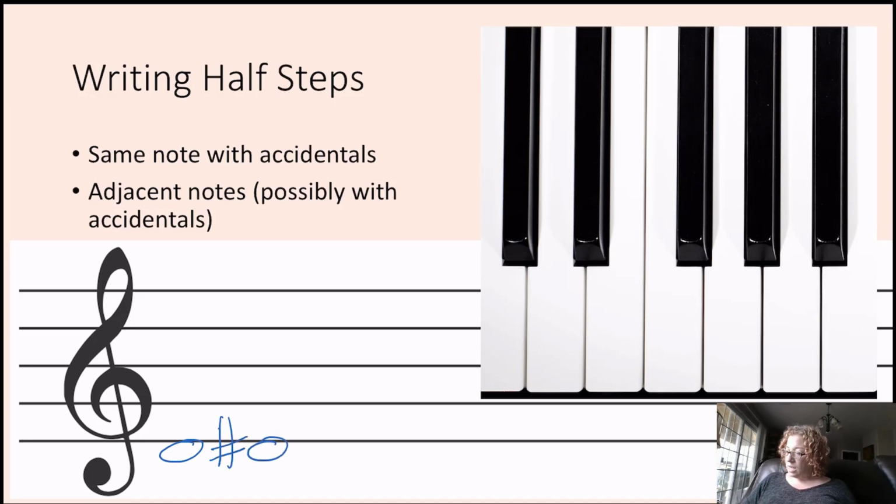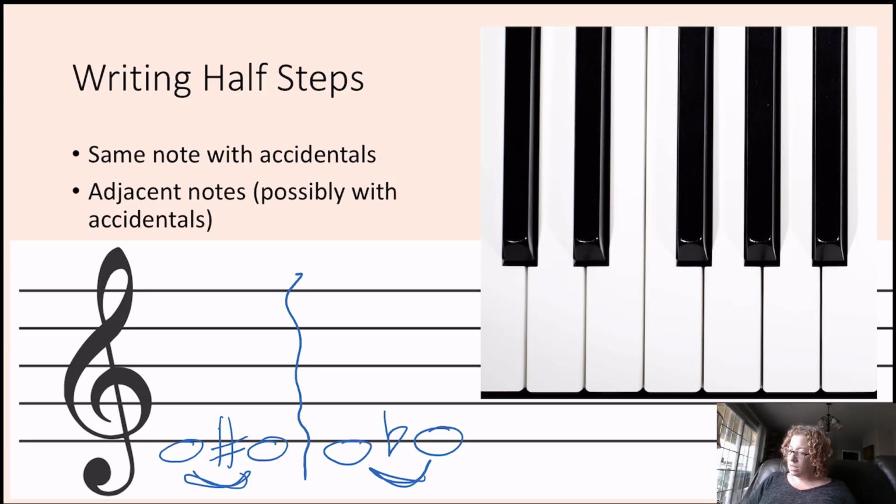Or we could say, let me just put a squiggle through here so you know that I'm notating D to E flat. So you can write them as the same note with accidentals over here, D and D sharp, or adjacent notes possibly with accidentals, right? So I could take this up a little bit higher just to show you again.